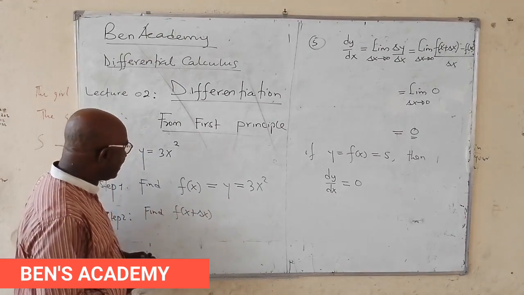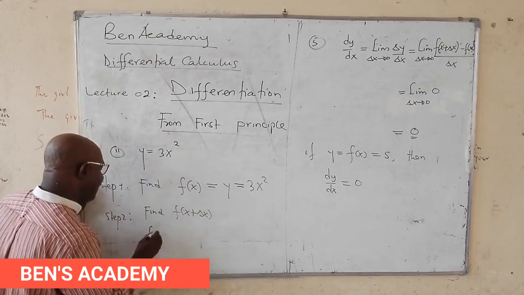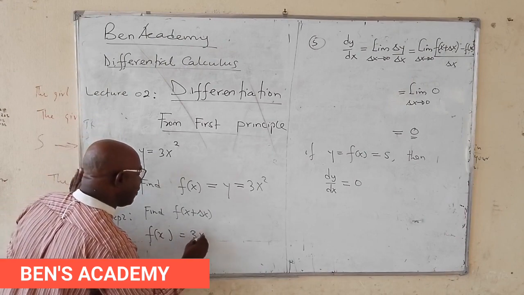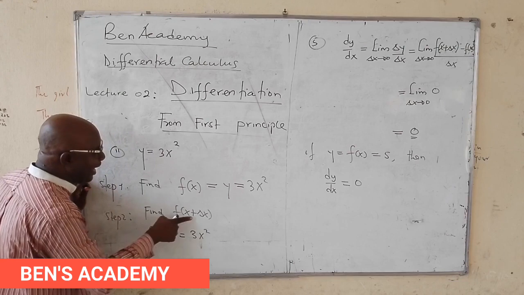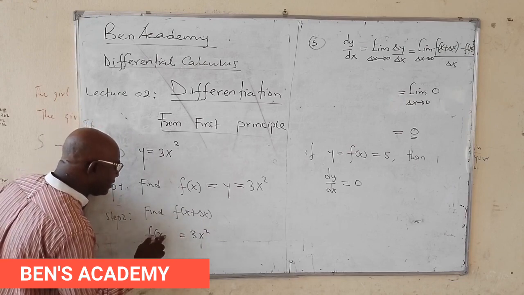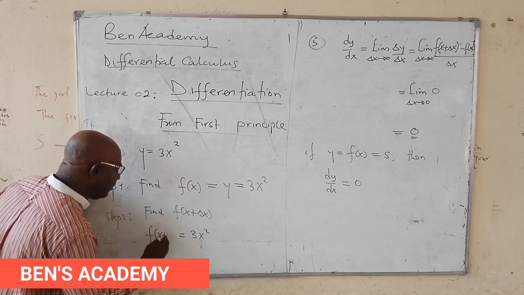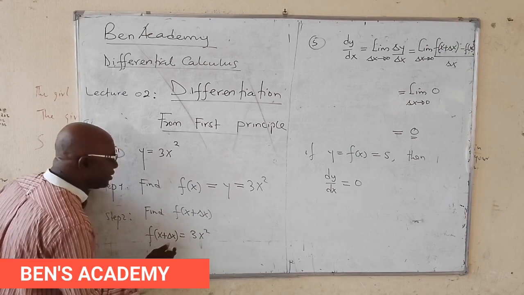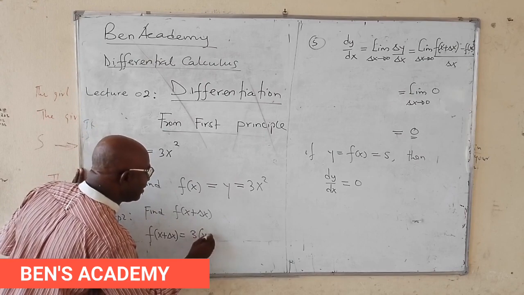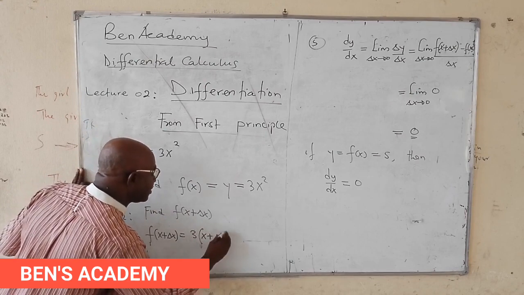So if I do that, I will have f of x, which is equal to 3x squared. I will now replace this x by x plus change in x. So I will no longer have only x, it's now going to be x plus change in x, and this is no longer x squared, but x plus change in x all squared.